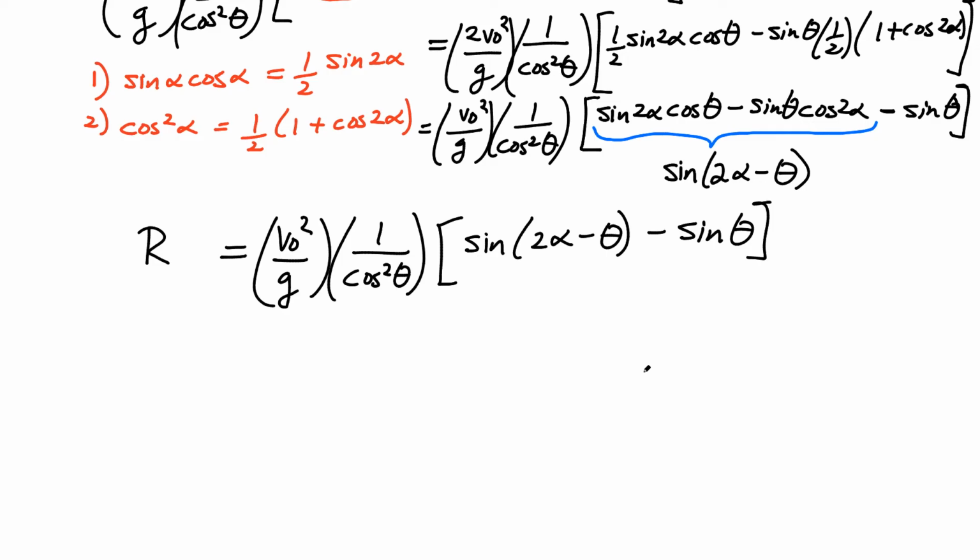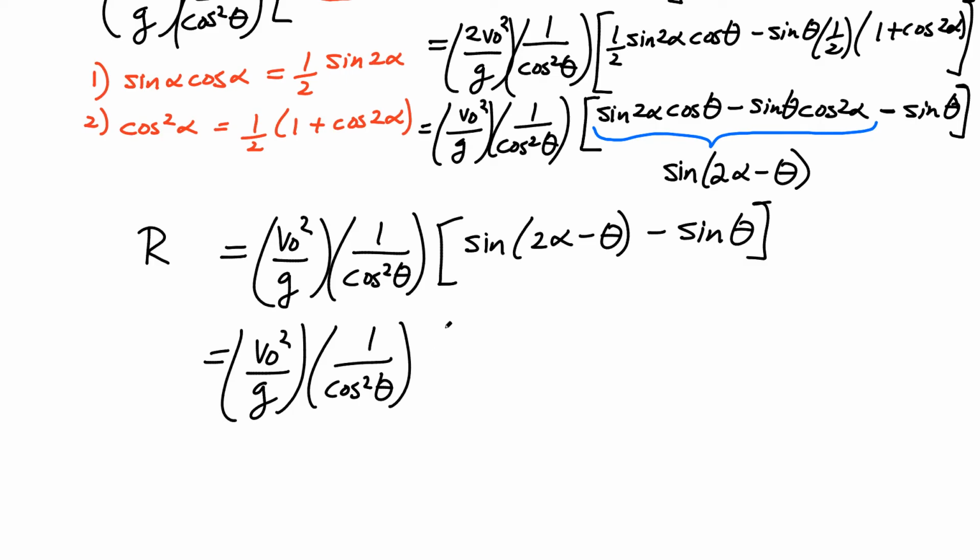Okay, so now this is kind of a nice simple expression. Let's go back and eliminate what our angle alpha was. If you remember, alpha was simply theta plus phi. So we simply get 2 times theta plus phi.